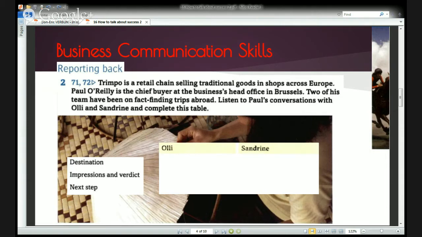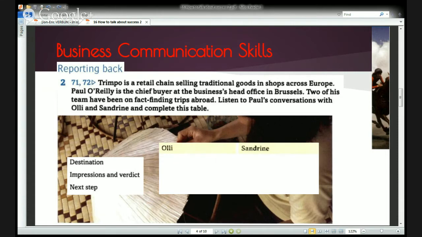Paul: "So what's your verdict? Should we continue with them or not?" Ali: "To tell you the truth, I think we should let the current contract run and then look for someone else." Paul: "Well, he won't be happy. What we need to do now is to make sure that the rest of the orders are completed." Ali: "We should focus on improving their systems." Paul: "Yes, and perhaps review the situation in a couple of months if things improve."